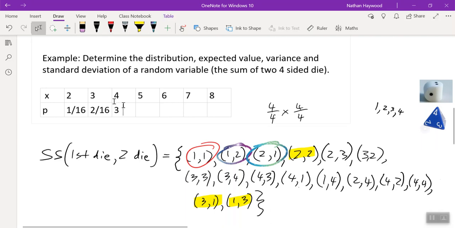Can you see a pattern? Okay, so that's the probability of the different totals on 2 four-sided die. That's the probability distribution. Any questions? So I've done the distribution.